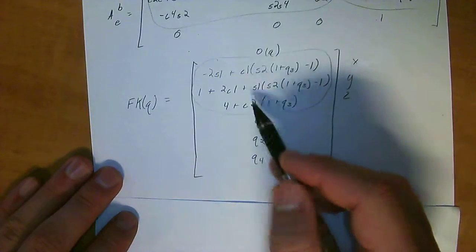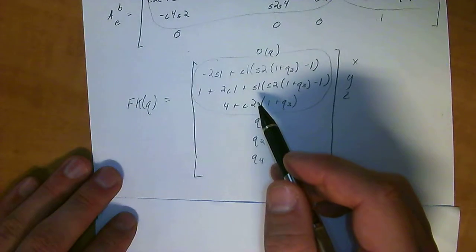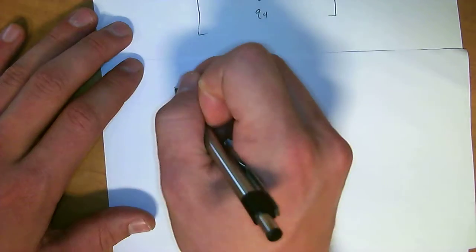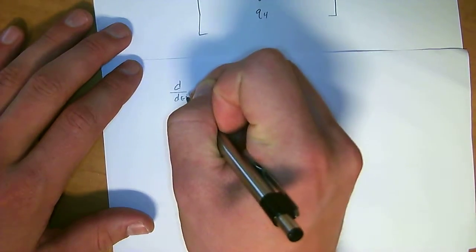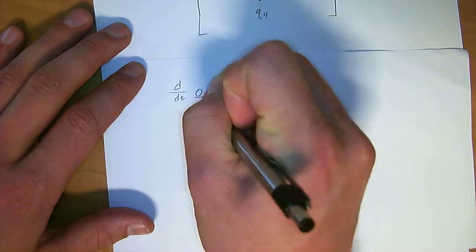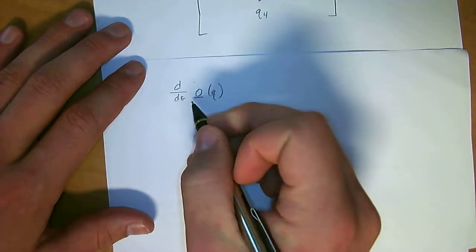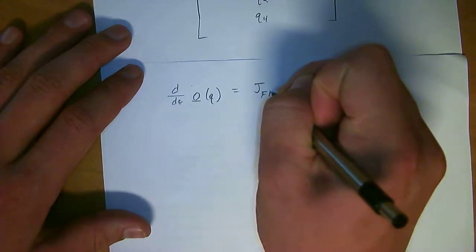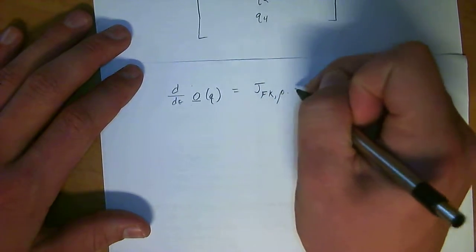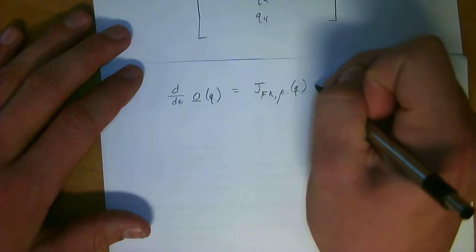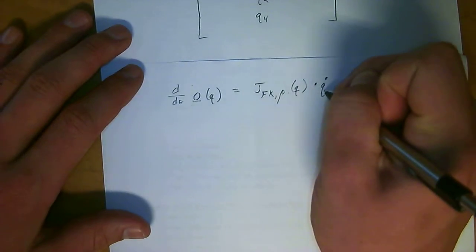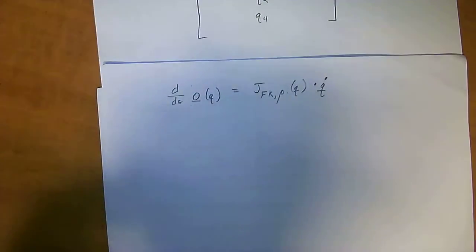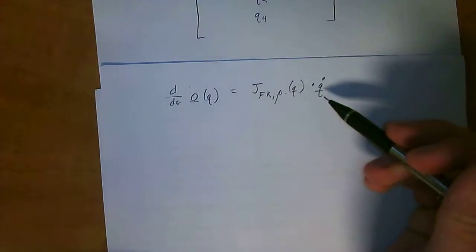So we've got the O of Q that we need to take the derivative with respect to time in order to get the Jacobian. So the basic equation we're working with is d over dt, the derivative of O of Q, and the underlined is vector, is equal to the Jacobian of the forward kinematic position part with respect to Q times Q dot, which is the derivative of Q. So this is actually pretty easy.